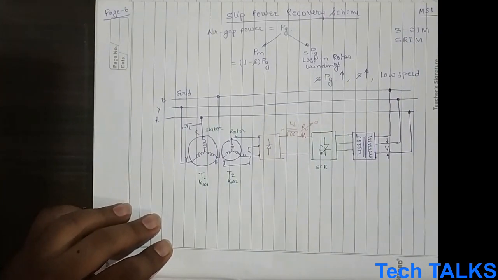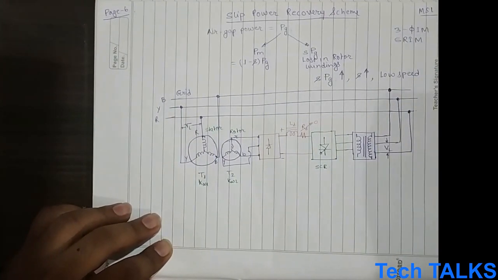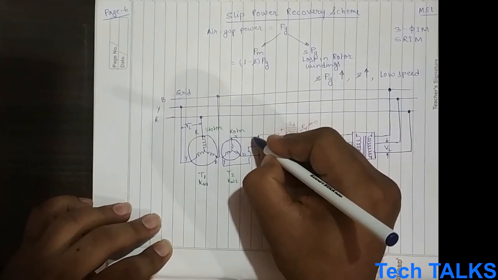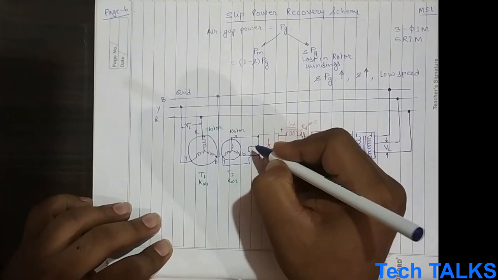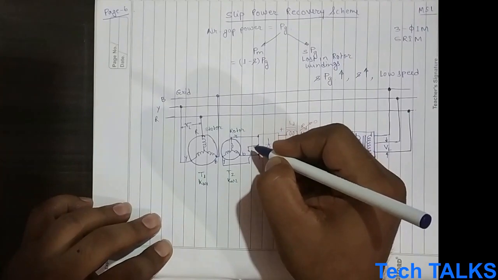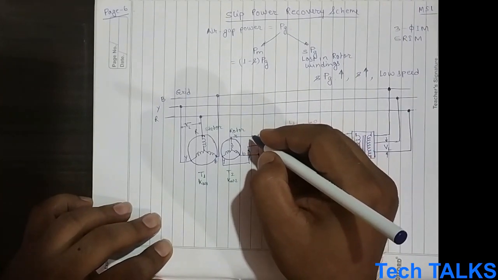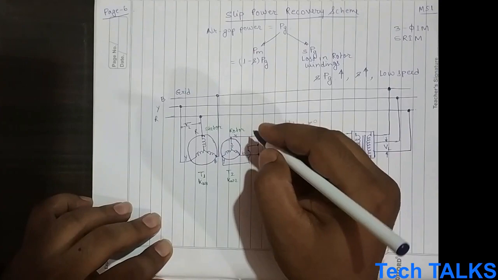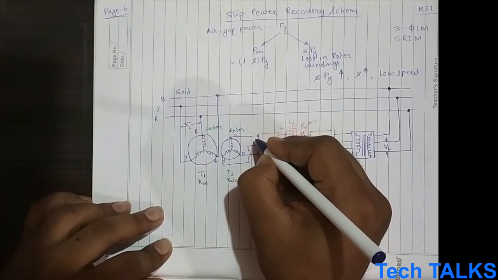Now what we will be getting in this part, that is RY, we will be referring to this one as VRR.